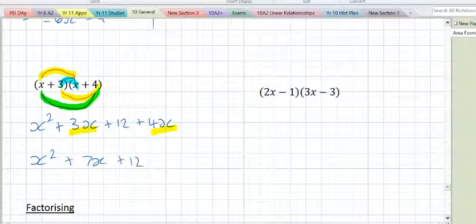Okay, you can do the next one. Do you want to write it? Yes. I'll give you a light red pen. Alright, write it up.